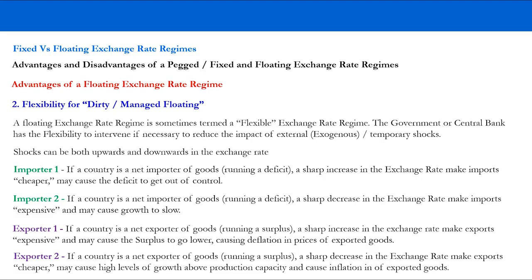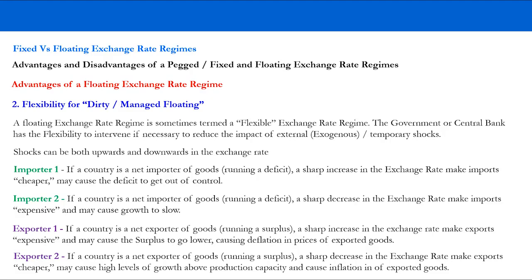And inflation can be a bad thing as well. So there could be shocks to your system created by exogenous factors if you're in a floating exchange rate regime. And it all depends on the situation that you as a country are in.